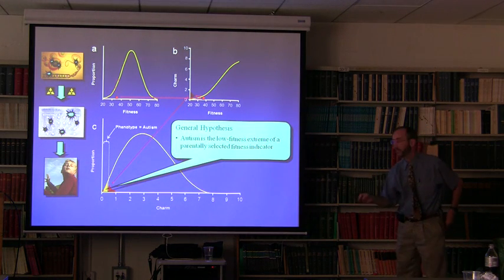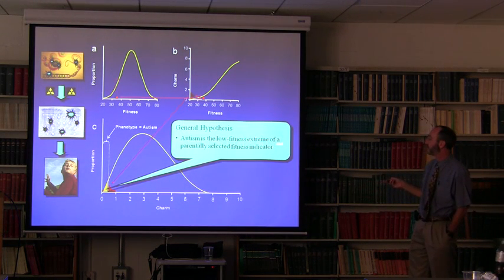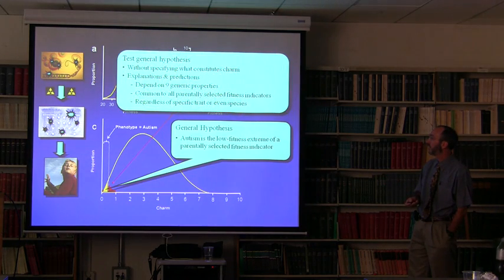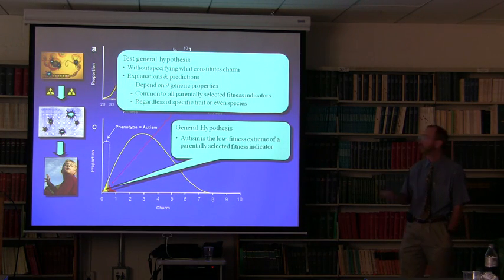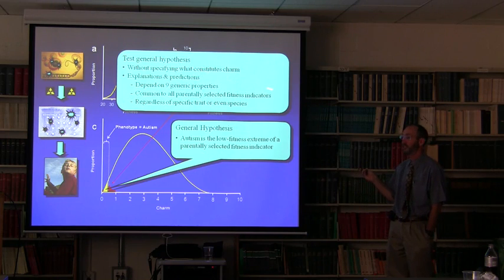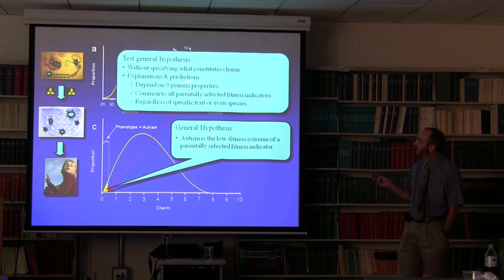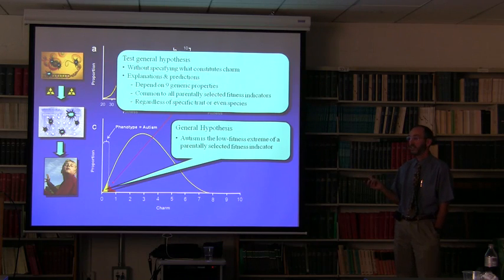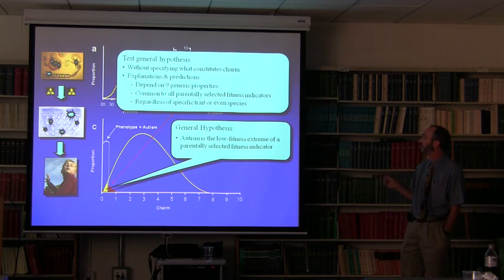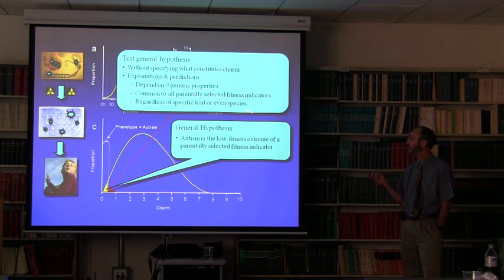The general hypothesis is that autism is the low fitness extreme of a parentally selected fitness indicator. We can test this general hypothesis without specifying what constitutes charm, because our explanations and predictions depend on 9 generic properties of all parentally selected fitness indicators, regardless of the specific trait or the species.